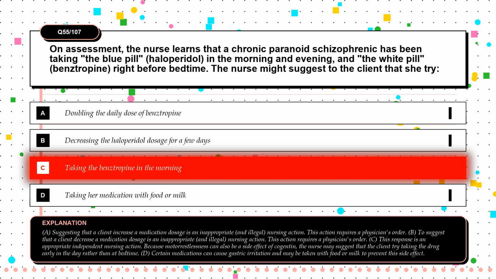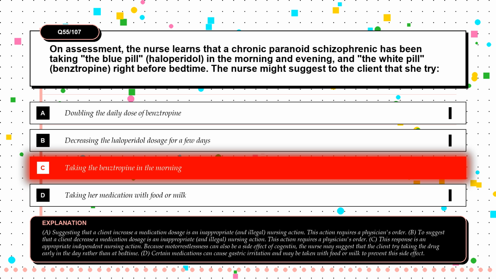A suggestion that a client increase a medication dosage is an inappropriate and illegal nursing action. This action requires a physician's order. B. To suggest that a client decrease a medication dosage is an inappropriate and illegal nursing action. This action requires a physician's order.